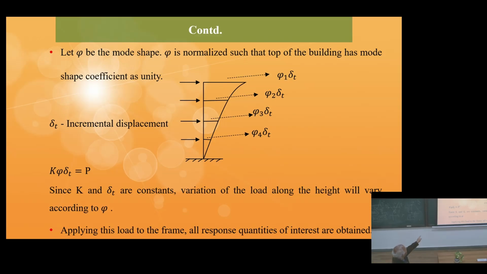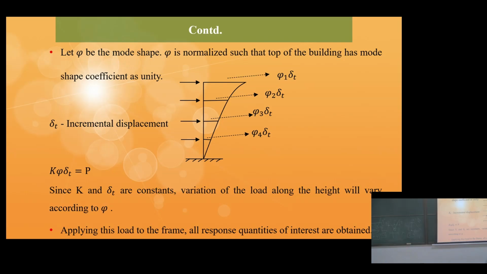Now I can write K phi delta t is equal to P. This is the force. And here you can see delta t is specified to us. I am incrementing, say 2 centimeters or 2 millimeters. Phi is known, K is known, so I can calculate P, and P will have a distribution like this. So now you can solve this problem.